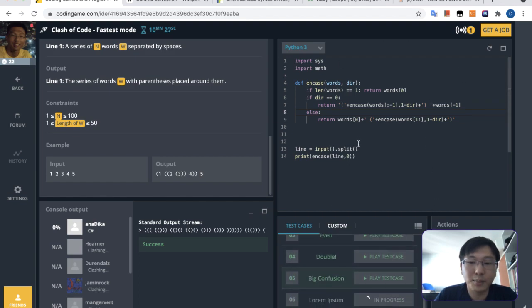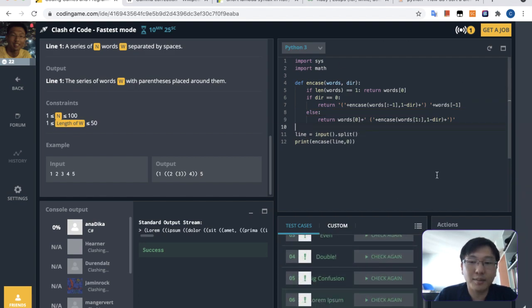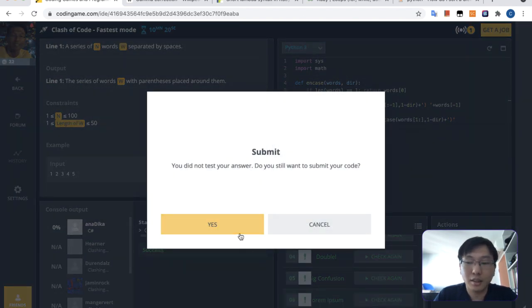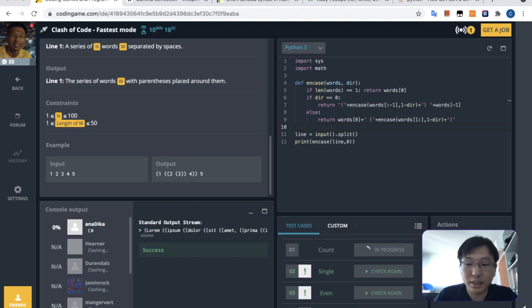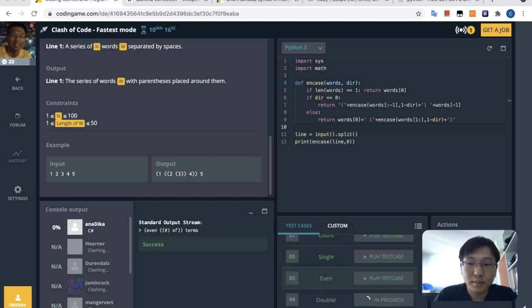So this is the encase method. And yeah, works. So you just keep alternating the encase method. I didn't test my answer. I thought I tested it. Yeah, the last time I did this problem, I did a brute force like one bracket, two bracket, one bracket. Then the back is always two bracket, two bracket, two bracket.